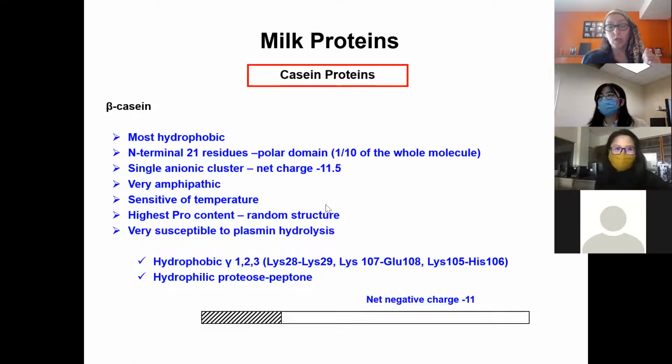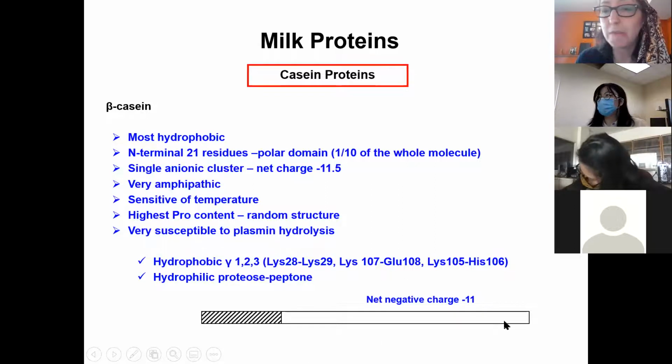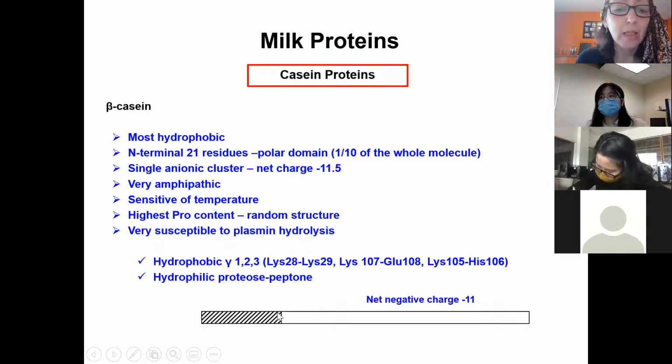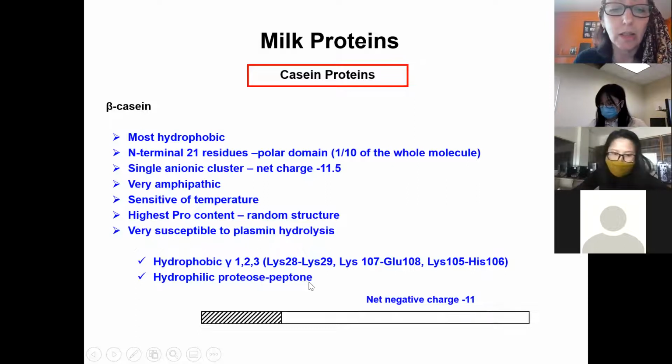So beta casein is the most hydrophobic. If you look at the strand of the protein, most of it is hydrophobic. It's very amphiphilic. So it has a very concentrated region of high hydrophobicity. It's all of this part. And then the N-terminus is negatively charged. So the net charge is -11.